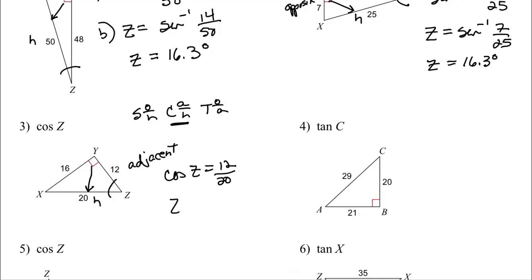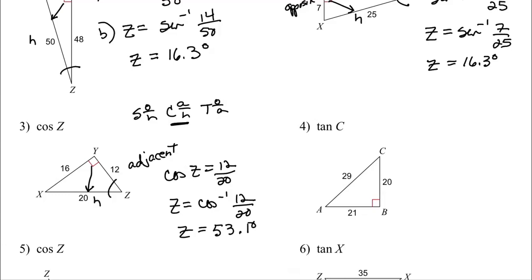So then to get my angle, I'm going to say z equals the cosine to the negative 1 of 12 over 20. So therefore z, second cosine of 12 divided by 20 is going to equal 53.1 degrees. So that's 53.1 degrees.